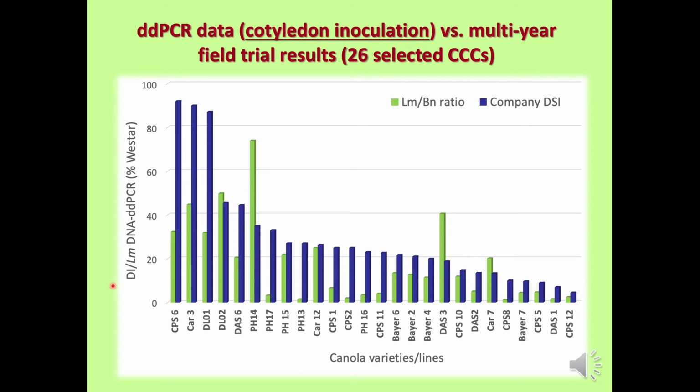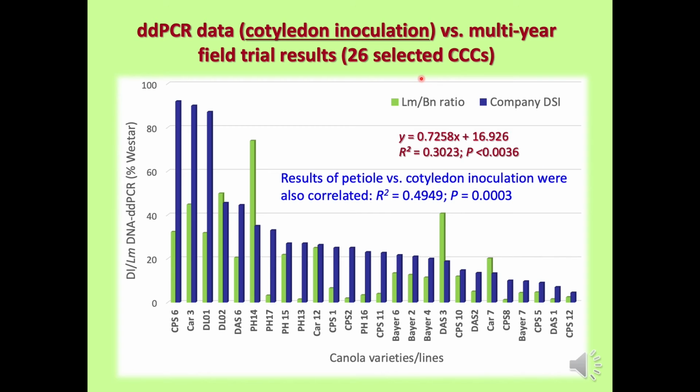A similar comparison was also carried out with the ddPCR data from cotyledon inoculation with the field results over a reduced number of varieties. Again, the correlation was still reasonable, also slightly lower than the PDO inoculation.